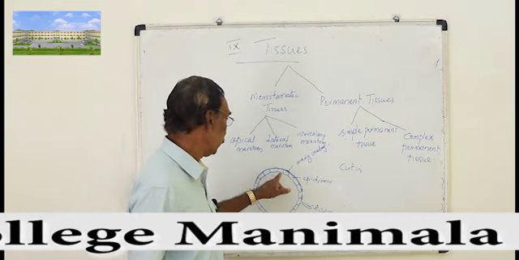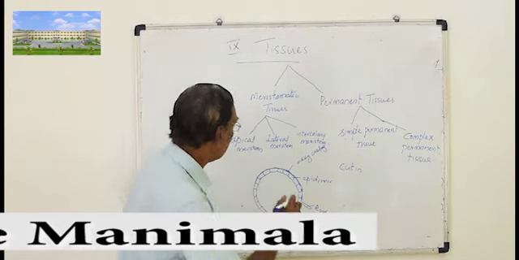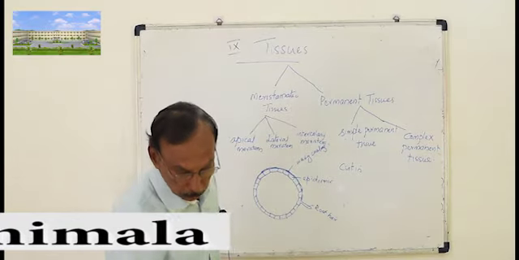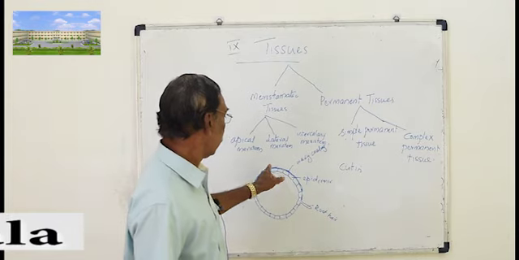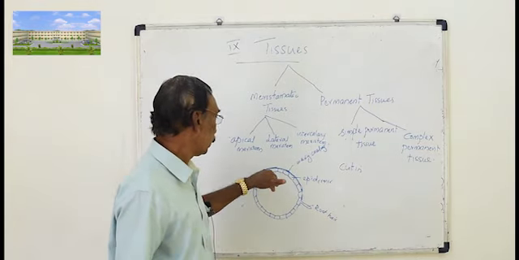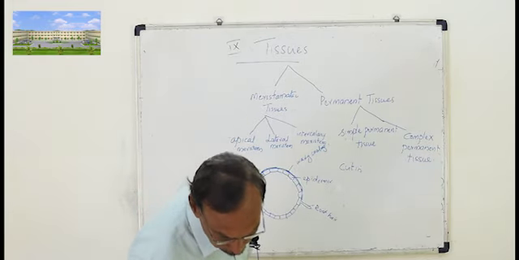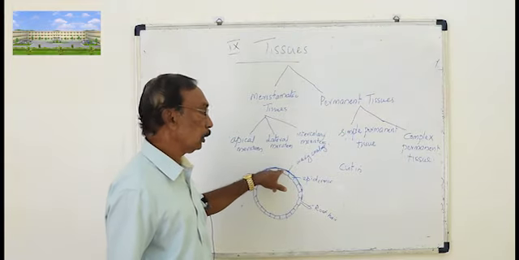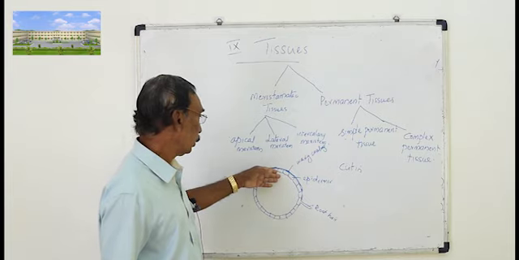This protects the plant from water loss, mechanical injury, any injury, and also the entry of fungus. Everything is protected by the presence of this waxy covering. The advantage is that it protects the plant from loss of water.